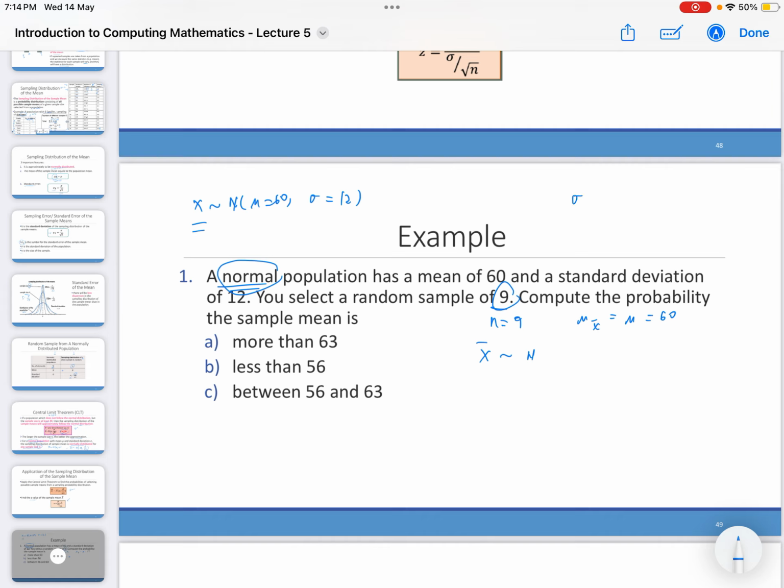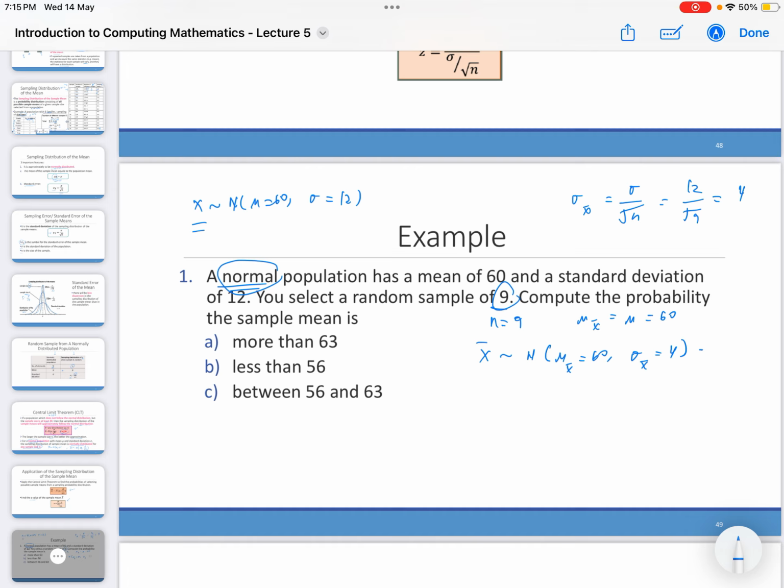And then the standard deviation of the sample mean equals the standard deviation of the population divided by square root n, which is 12 divided by square root 9. So this one is equal to 4. So that means x bar is normally distributed with mean equal to 60 and standard deviation equal to 4.